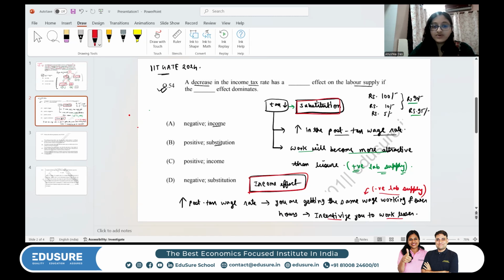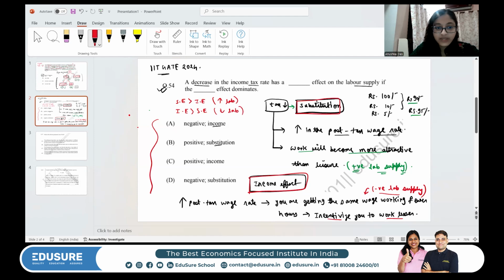So what can you say from these options? If the substitution effect is dominant over income effect, then what will happen? Your labor supply will go up. There is a positive incentive to work more. But if the income effect is more than the substitution effect, the negative will happen. The labor supply will fall.